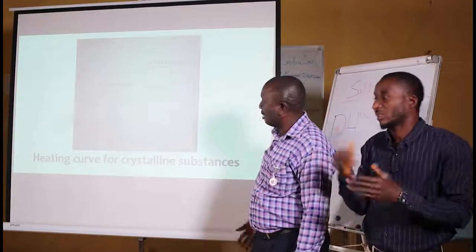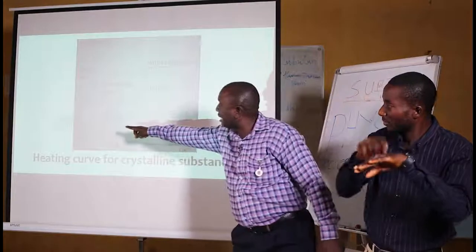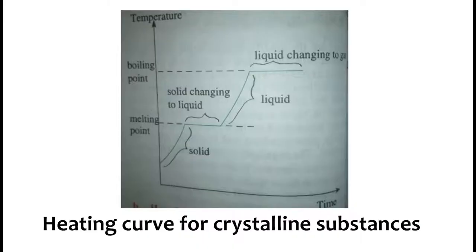Then the next graph, we have the heating curve for crystalline substances. Also we have temperature against time. Now from the beginning here to the melting point, we have solid. At the melting point, the temperature remains constant, and at that point, the solid changes to liquid.